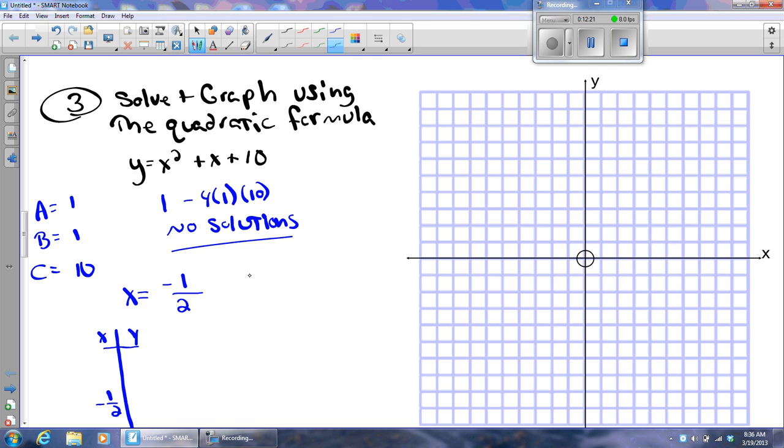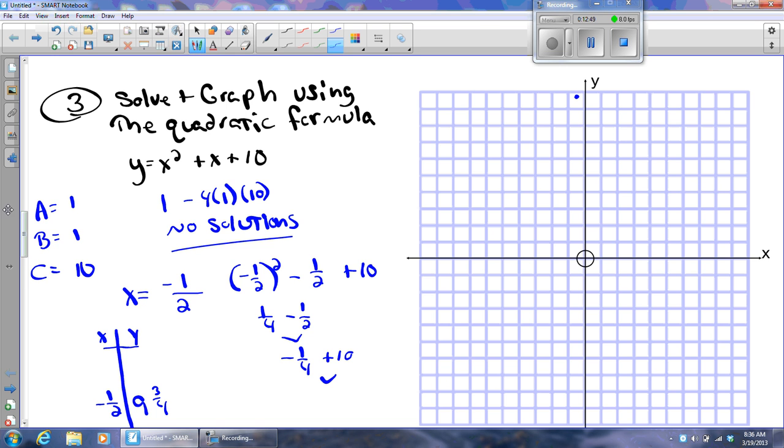I'm actually going to have to plug it in. So I'm going to do negative 1/2 squared minus 1/2 plus 10. And that's going to be 1/4 minus a half, which will simplify to negative 1/4 plus 10, which will simplify to 9 and 3/4. So at negative 1/2, I'm all the way up here.